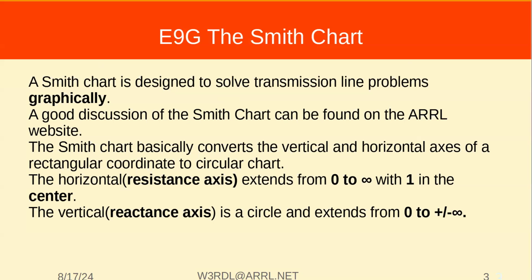Well, he took that, and if you extend the real axis from 0 to infinity, and you draw it as a physical length line, and you say, I want the middle to be 1. So I go 0 to 1 to infinity. I can have whatever scale I want, right? It's kind of logarithmic.